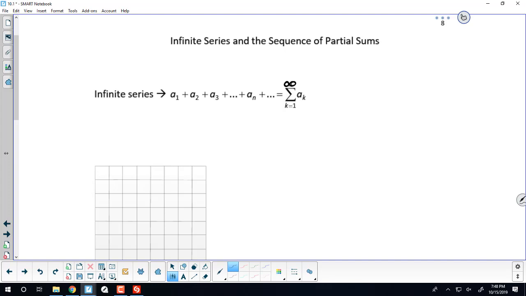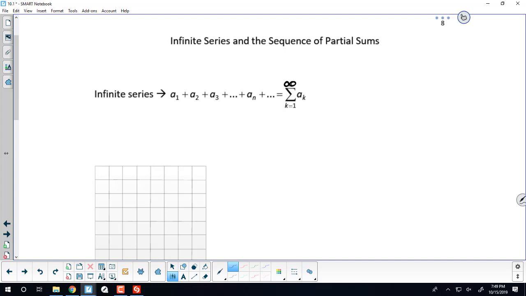So notice a series, we can look at it like a sequence, but we're adding each one of those terms. Our sequences previously were a sub 1, a sub 2, a sub 3. Now we're adding those terms. So a minor adjustment of adding the terms gives you a huge shift in how you have to handle these things.